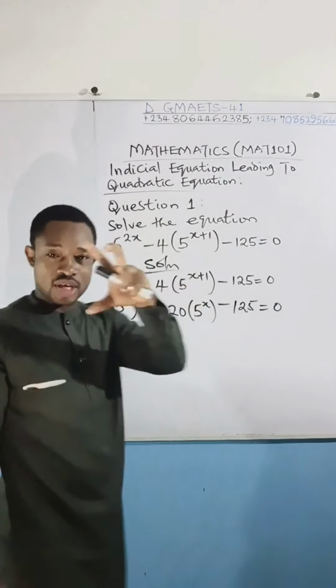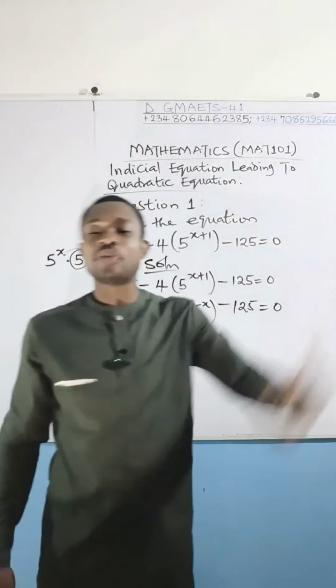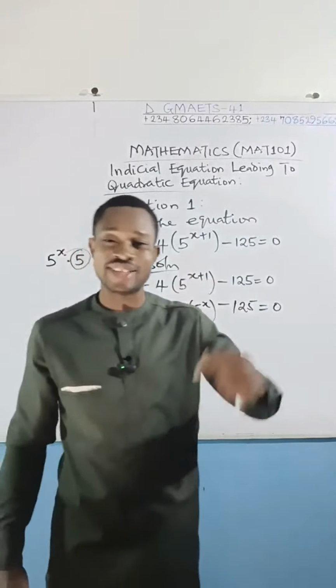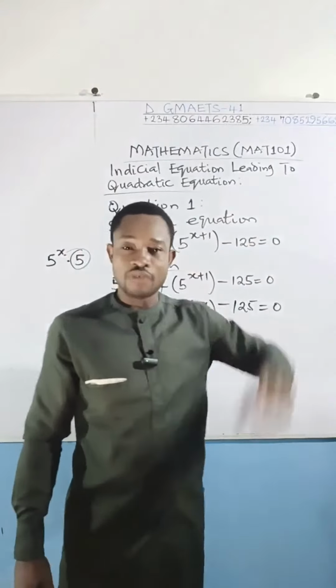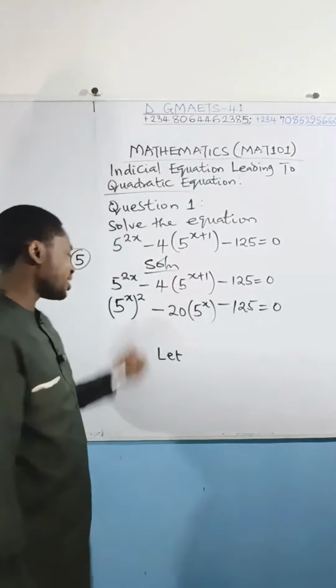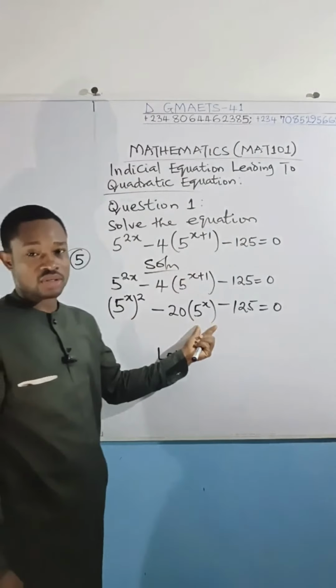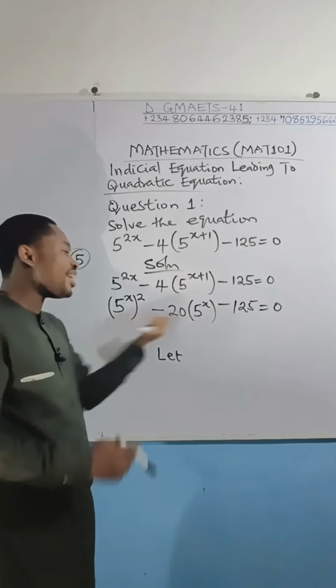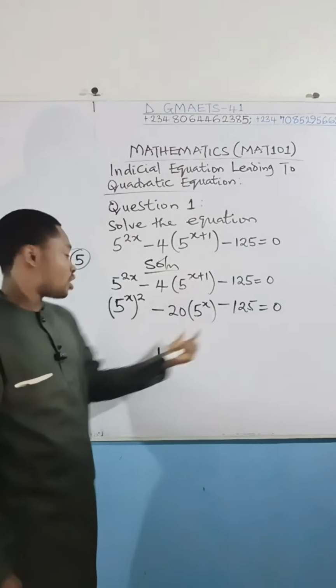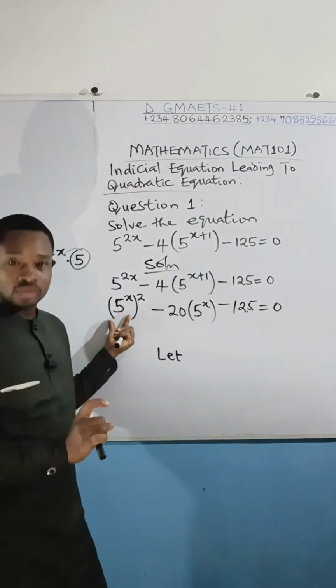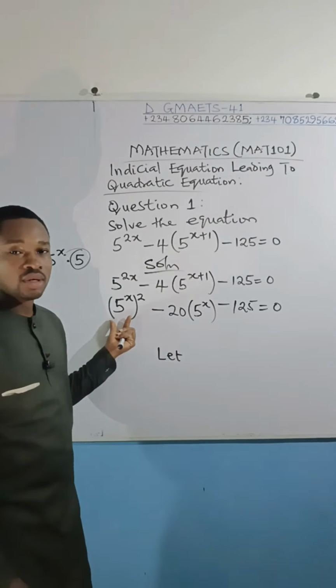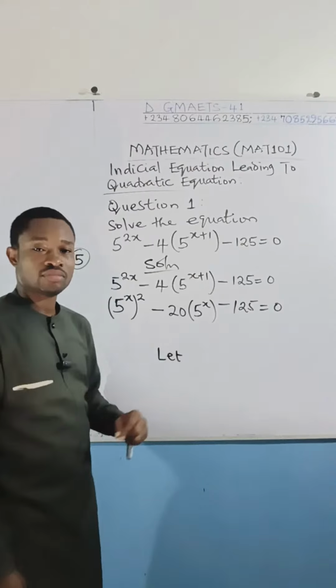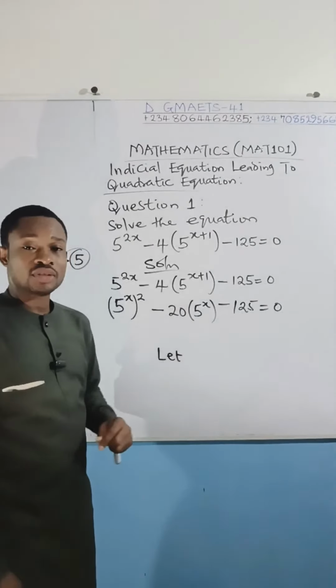In polynomials, like terms are identified by the power of the terms. Are you following? So these guys are not like terms. The only thing is that they contain a common term, and the common term is the unknown term, which is 5 raised to power x. But their powers are different.